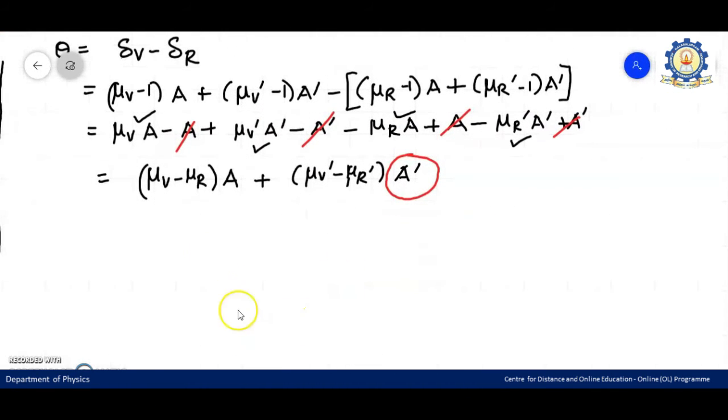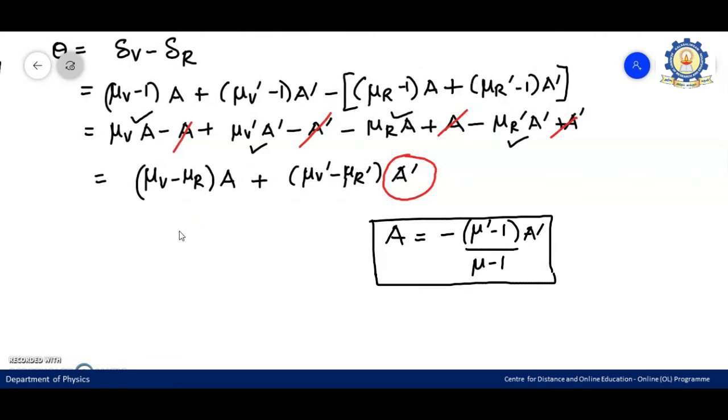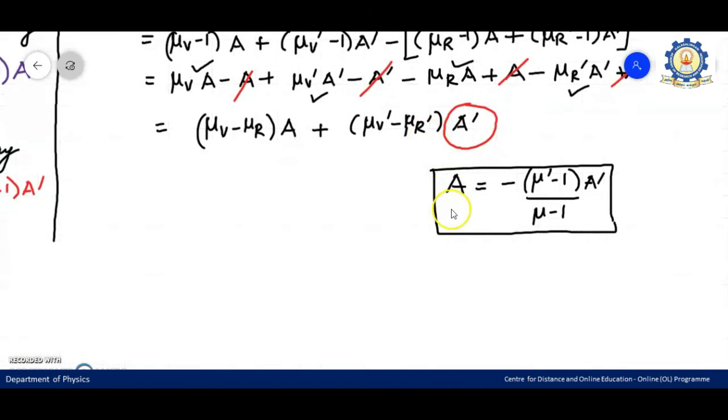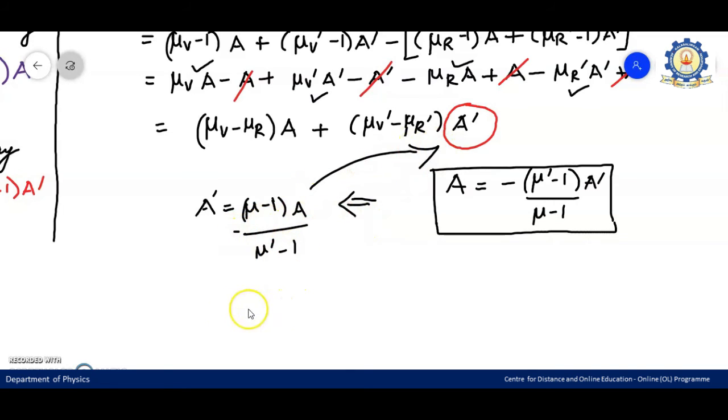In the place of A prime, I am going to replace by this expression. In terms of A prime, same expression: A prime is equal to mu minus 1 into A divided by mu prime minus 1, along with the negative sign. This I am going to substitute in the place of A prime.